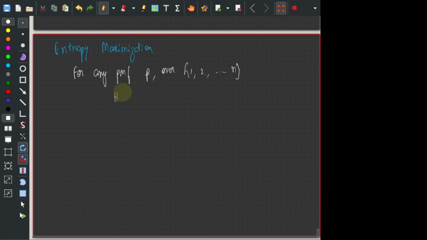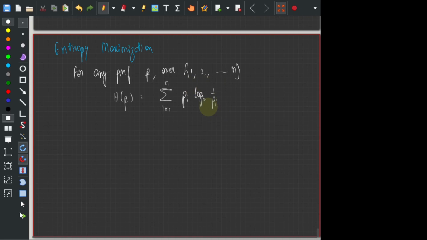The entropy of p is defined to be the summation from i equal to 1 to n of p_i log 1 over p_i. And when p_i equals 0 for some i, then we say that p_i log 1 over p_i equals 0. That's how we are defining this x log x function.